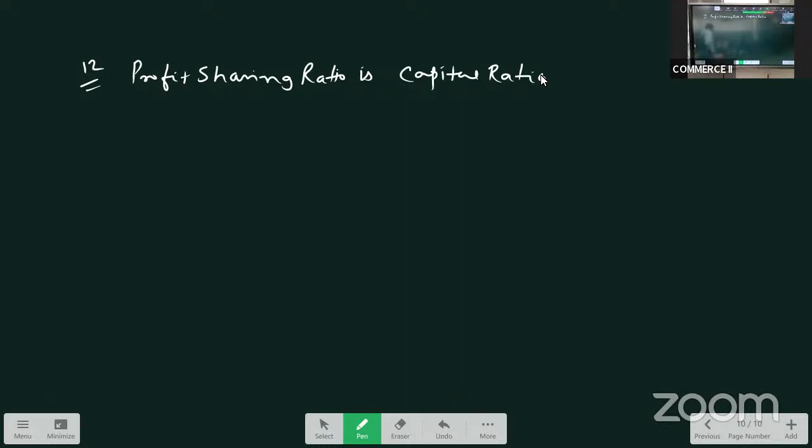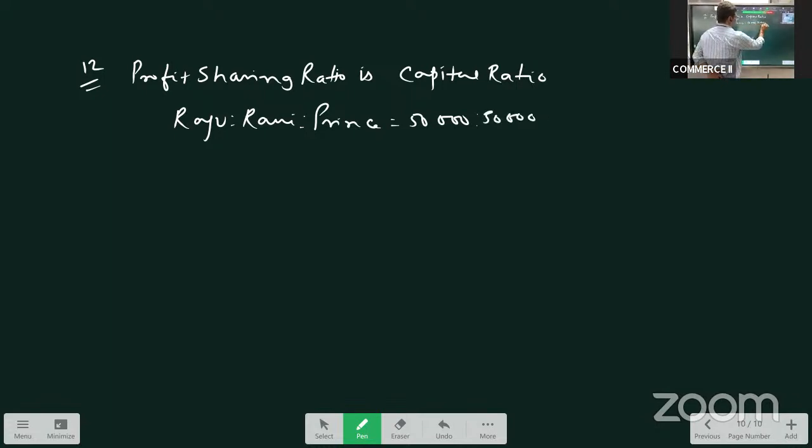So what are the capitals of Raju, Rani and Prince? Their capitals are 50,000, 30,000 and 20,000. That is 5:3:2.